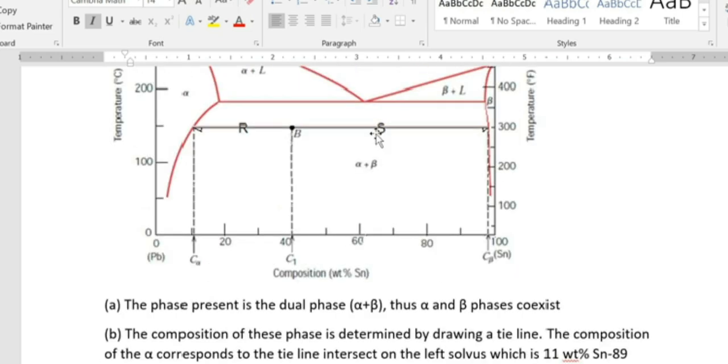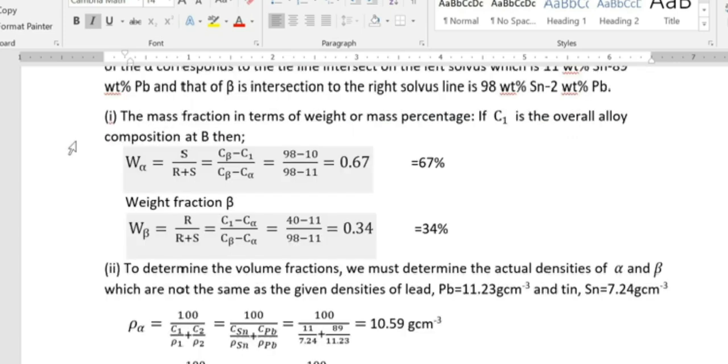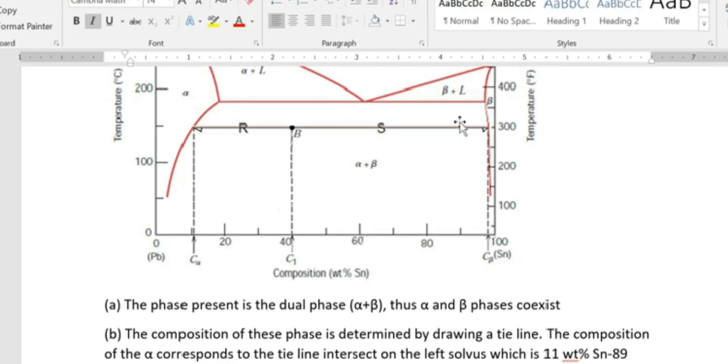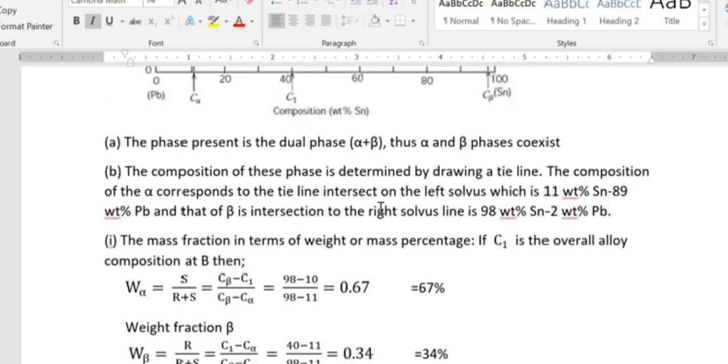And we know what our S is, isn't it? Here it is 89 minus 40. And what is the total distance? When we are determining for alpha, you take the opposite, which is S over the total. And when we are calculating the fraction or percentage of beta, we won't take the distance adjacent to it, which is S. We'll take the opposite, which is R over the total.